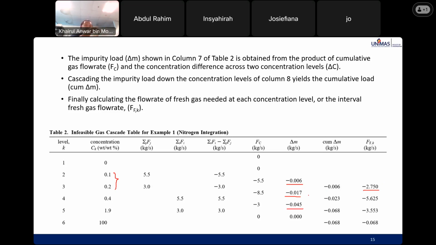So later, if you want to do some homework or try it, you must use the actual delta M. For example, the actual delta M for this 0.06 is actually 0.0055. So what happens is it will affect the cumulative delta M, which is the cascade of delta M.